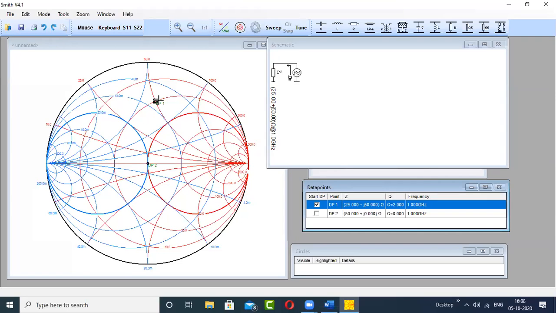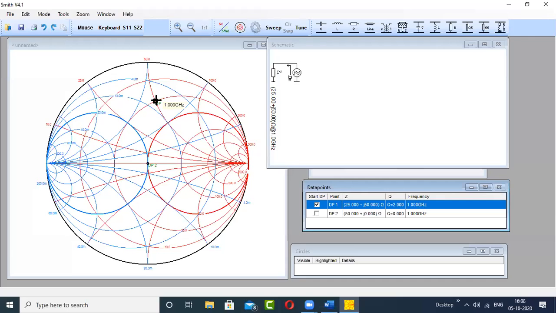That's why, wherever you are currently present, your goal is to somehow reach either of these two circles. Once you have reached this circle, it will take you to the center of the Smith chart. One obvious step is that you can move along this red circle, because this red circle intersects this blue circle, so you can reach this point.